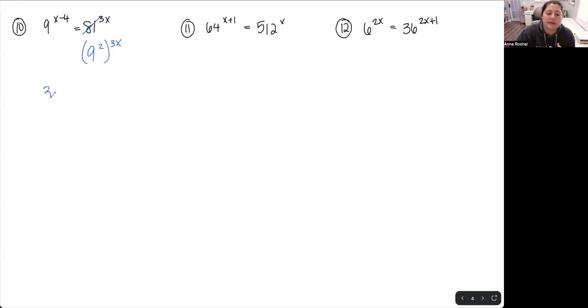So you could turn this into 3 to the second to the x minus 4 power and 3 to the fourth to the 3x power, but I feel like that's going to give you more work to do. I did see this in the past, and I don't know that I'm a fan.